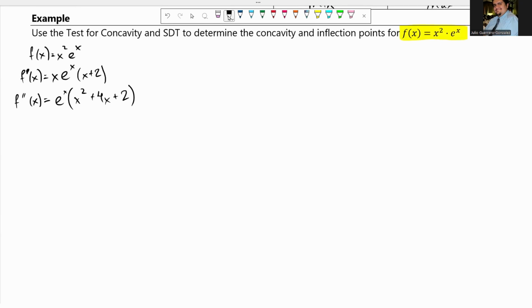I would suggest you carry this out on your own. If you need to, stop the video and double check this second derivative. What I'm doing here is grabbing this one and taking the derivative, and it gets me this.